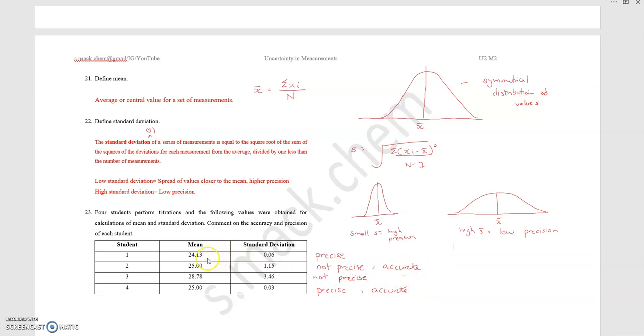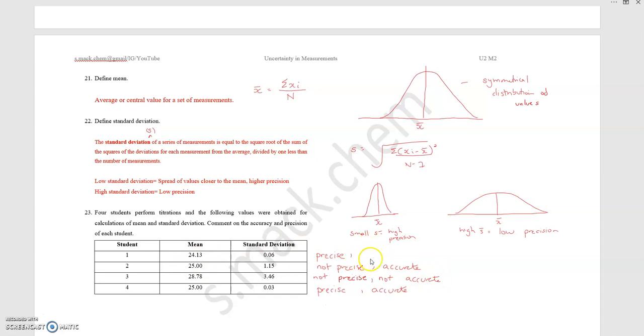And let's look at student 1 and 3 in terms of how close their mean values were to the central value. Because they are not close to the central value of 25.00, let's say for example student 3, which had a mean of 28.78, we can definitely say that this student was not accurate.